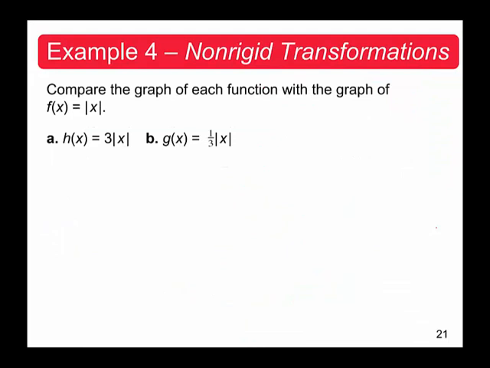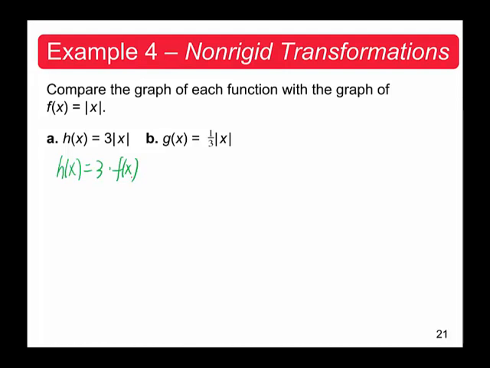Compare the graph of each function with the graph of f of x equals absolute value of x. First one, h of x equals 3 times absolute value of x. And you can also write this as h of x equals 3 times f of x. So you multiply a constant to the function itself, and we have a vertical distortion.